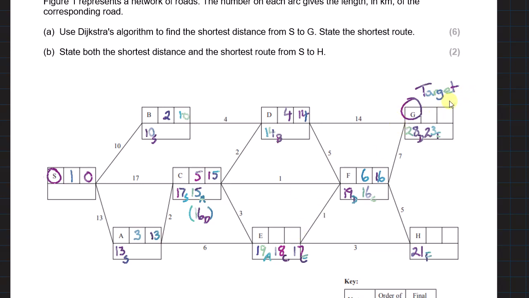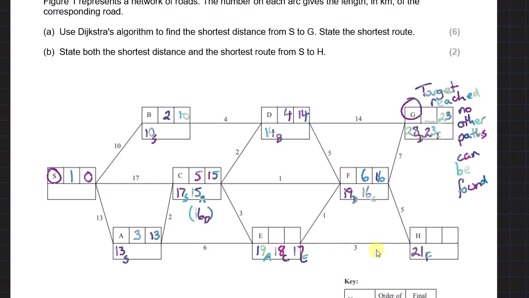So the target is reached, and no other paths can be found. I could actually say this is never going to get better than 23. I haven't properly processed that node. What I would do, and we'll go through and show, is that this doesn't get updated now.